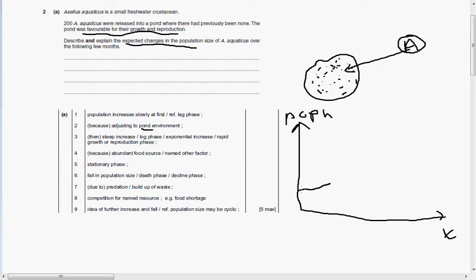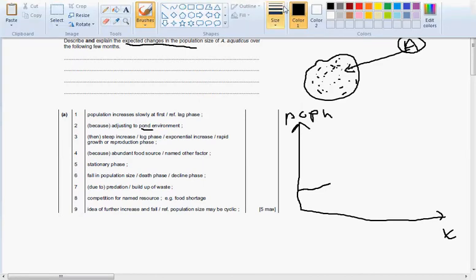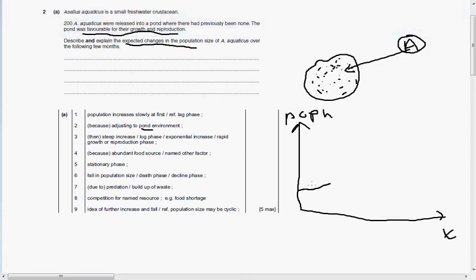So at this point they're adjusting, or in other words, they are getting adapted to the environment. They do not reproduce more because they are not yet adapted. So that's how it goes.